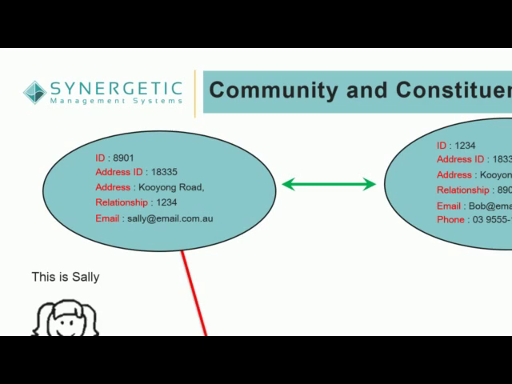So the primary contact being, if it's Mr. and Mrs., it'll be Mr. So the student's ID will be different to what the parent's ID is, but the address ID will be how it's linked.